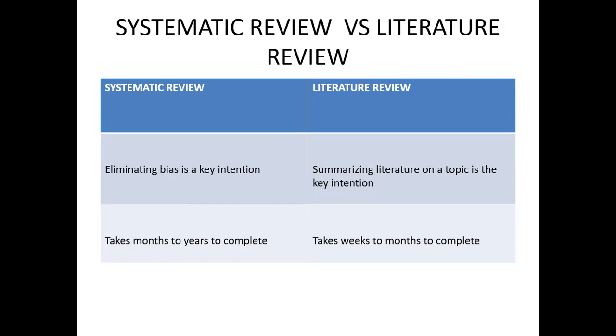Bias is not a big problem for the literature review because they don't use any rigid methodology. The last characteristic, systematic review takes time. It can take months to years to complete, but literature review takes weeks or months to complete.